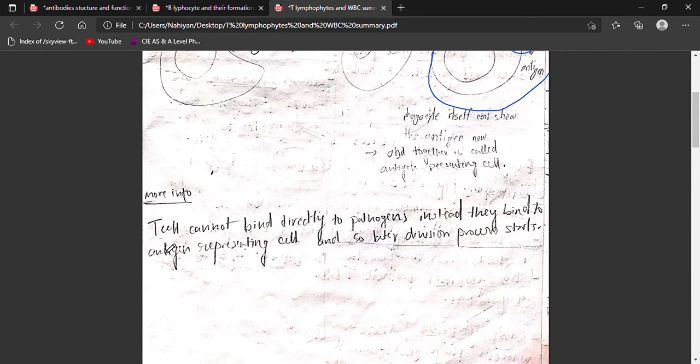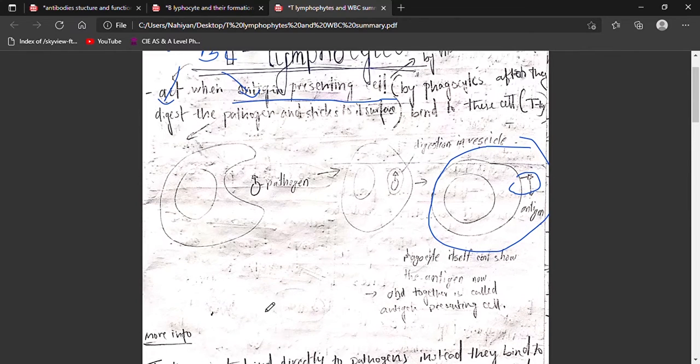T cells cannot bind directly to the pathogen. Instead, they bind to the antigen presenting cell, which is the phagocyte, with the antigens sticking out of this WBC.